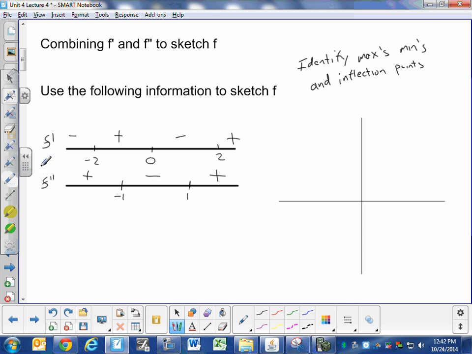So here I give you some information about f prime and f double prime. You can copy that down. And then what we're going to do is sketch f given that information. And then I want you to identify maxes and mins and inflection points of f.